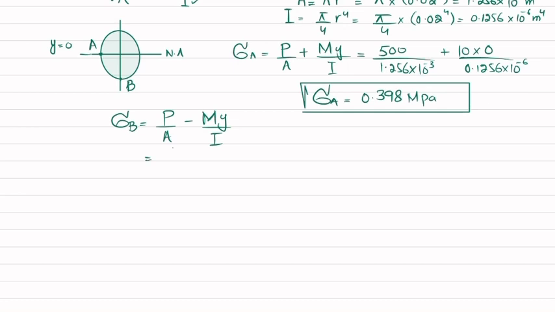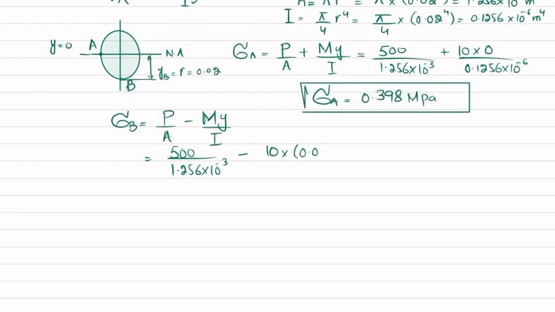So P is 500 divided by area, which is 1.256 into 10 to the power minus 3, minus 10 into, now you can see Y is this distance, YB. Distance from neutral axis till point B. And this is equal to radius, and that is 0.02.